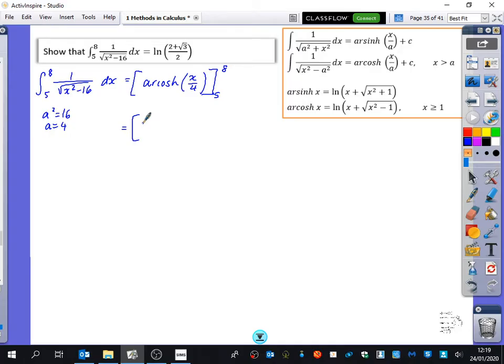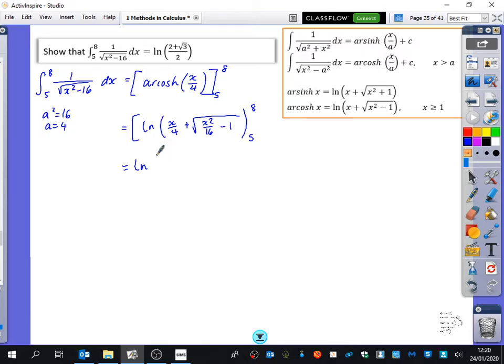So arcosh x is ln of x over 4 plus the square root of x over 4 squared, which is x squared over 16, minus 1, between 5 and 8.